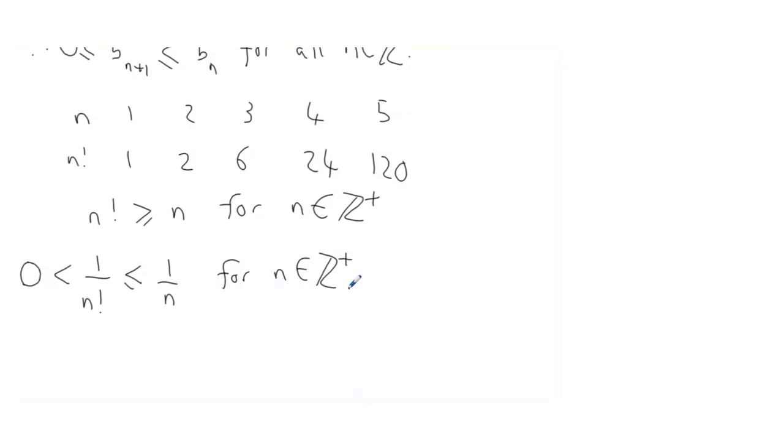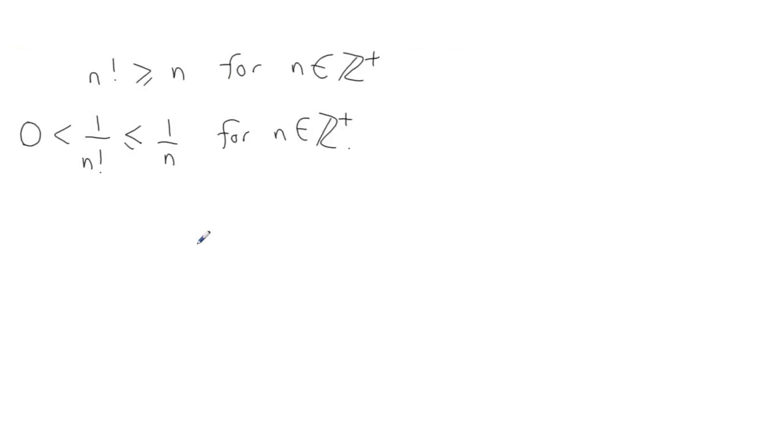Remember, if we were looking to show series converge in this sort of style, that would be a comparison test. If you're trying to show a limit, then we use a squeeze theorem. So it's one of the first limits we deal with, the limit as n approaches infinity of 1 over n equals 0.